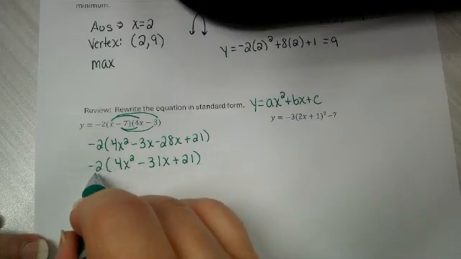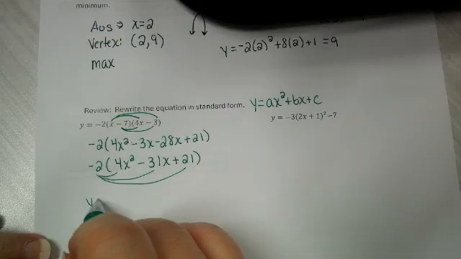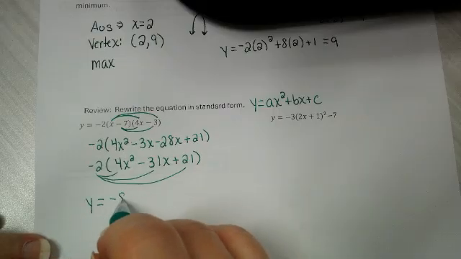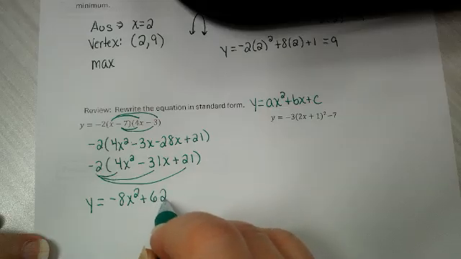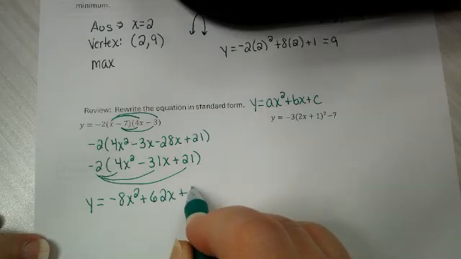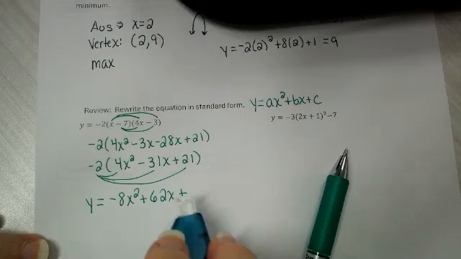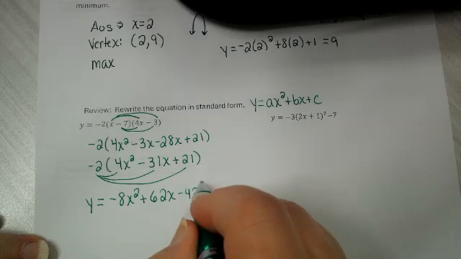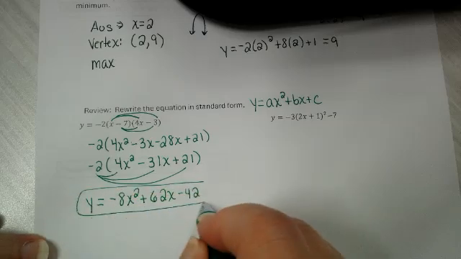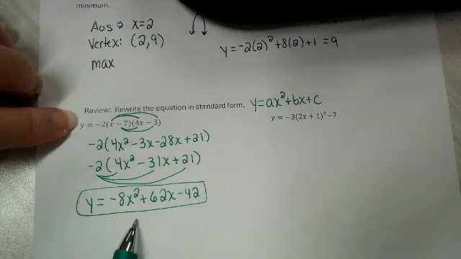Now I'll distribute my -2, and we will have our standard form. -8x squared plus 62x, and -2 times 21 is -42. And that is the standard form of that equation.